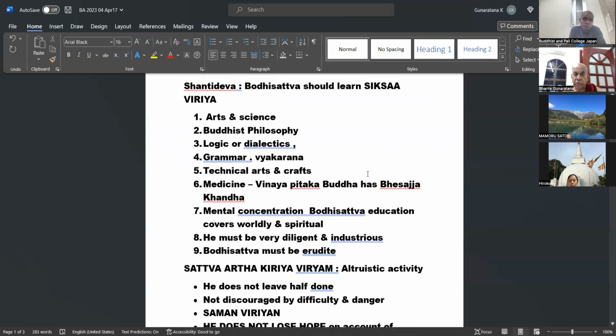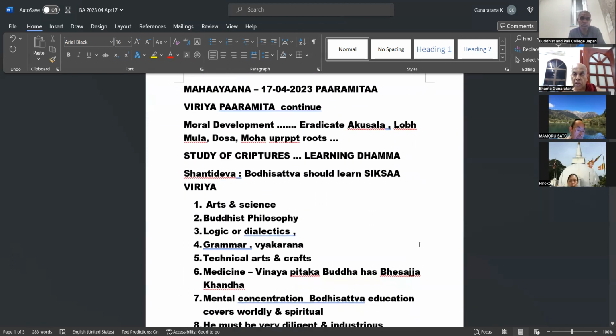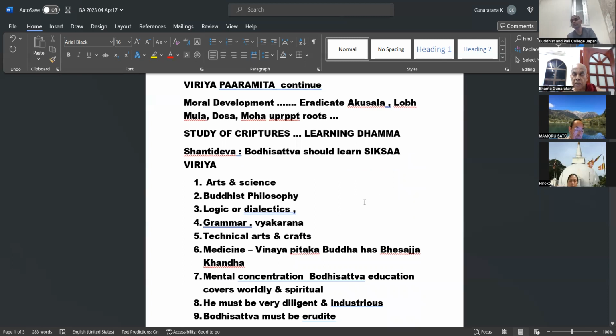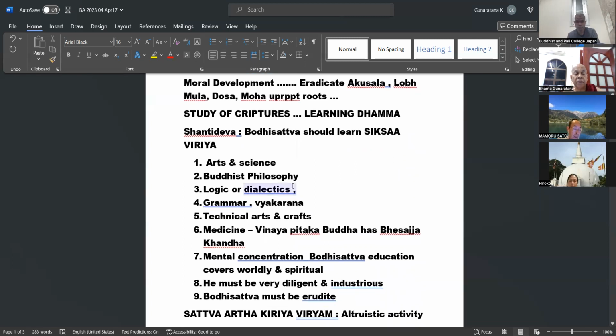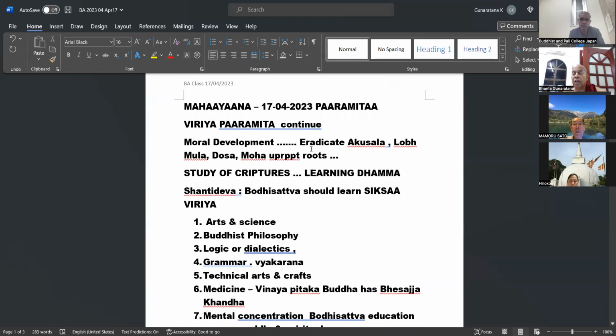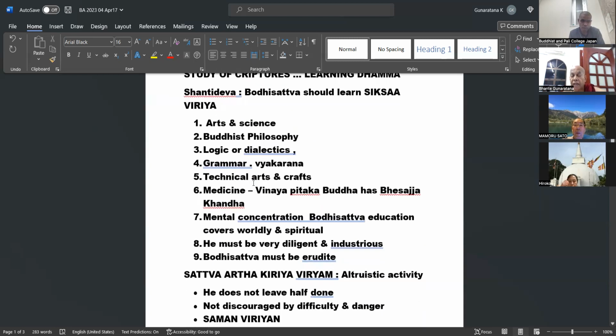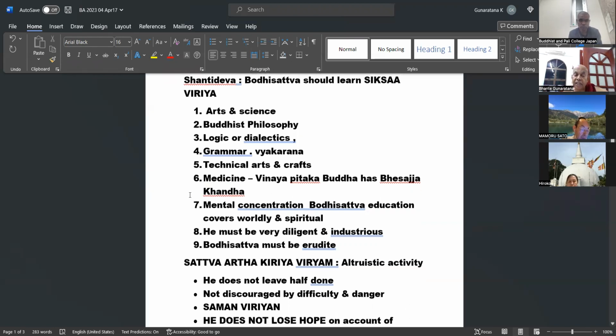So here we have come to the Virya Paramita. Important thing today, we learn 3 aspects of employing Virya. Number 1, in moral conduct, in order to gain the full morality. And Virya in scriptures, learning the dharma, continuity.